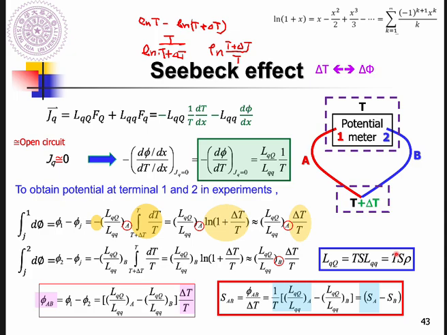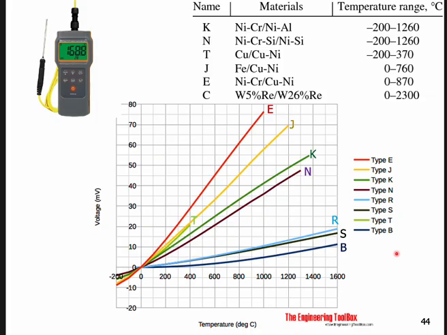Okay, then next I just grabbed some different types of thermocouples, types K, N, T, J, E, C. The difference actually means that they are composed of different materials, different couples of materials. The first one is nickel-chrome, nickel-aluminum.